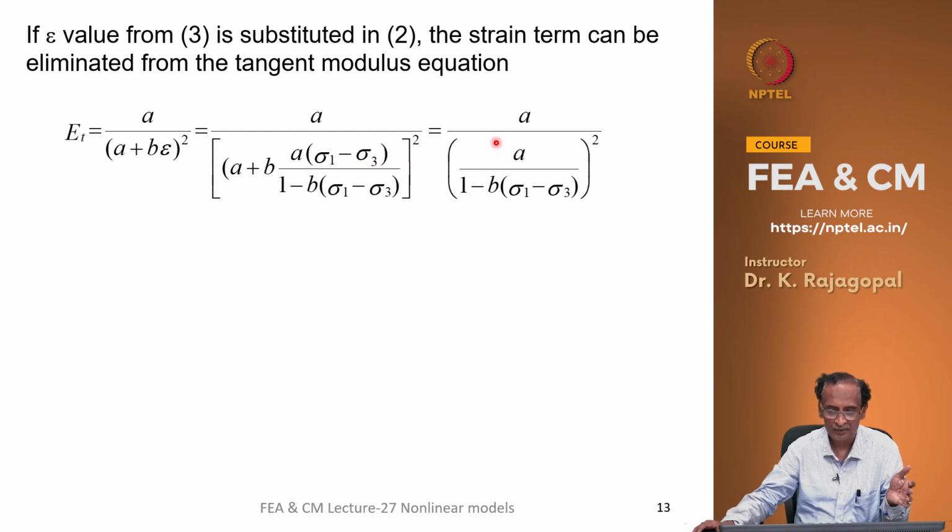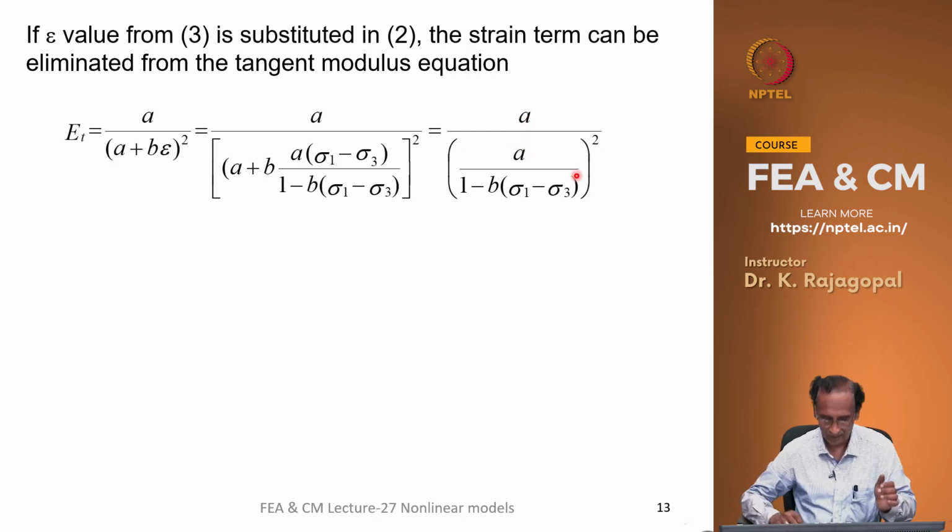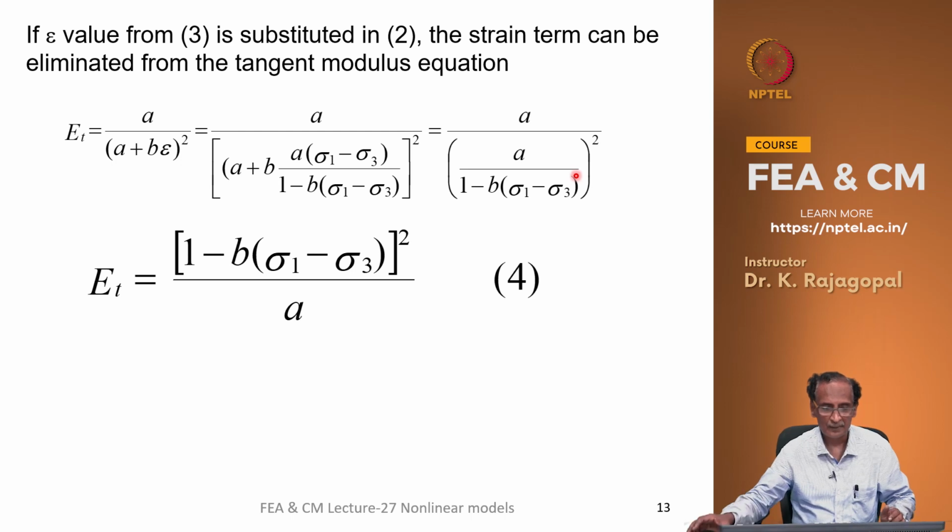If you simplify, this denominator goes to the numerator because it is 1 by the denominator.